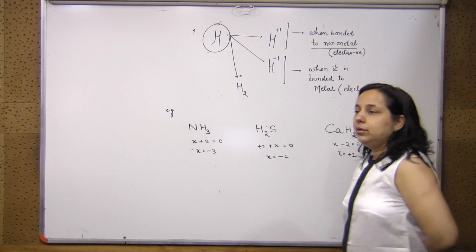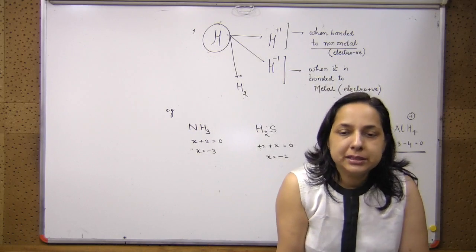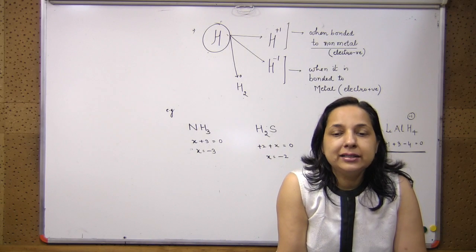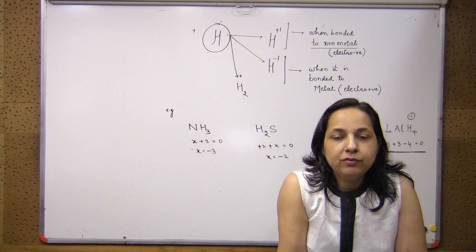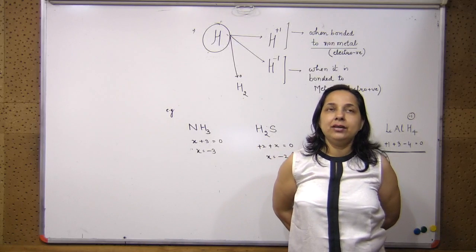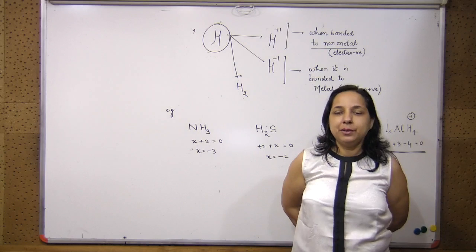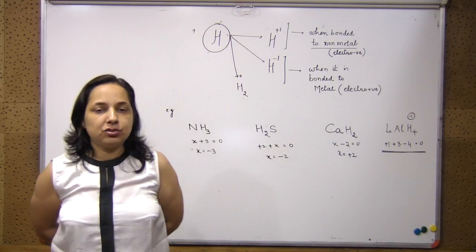First rule, elements in their elementary state have oxidation number 0. Second rule, some fixed oxidation numbers are there: group 1 always +1, group 2 always +2. Then after group 1 and group 2, there is zinc +2, cadmium +2, fluorine -1, aluminium +3.